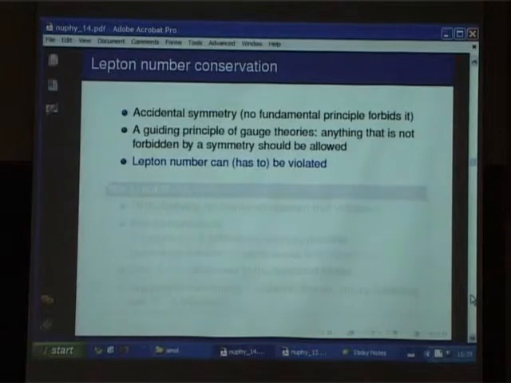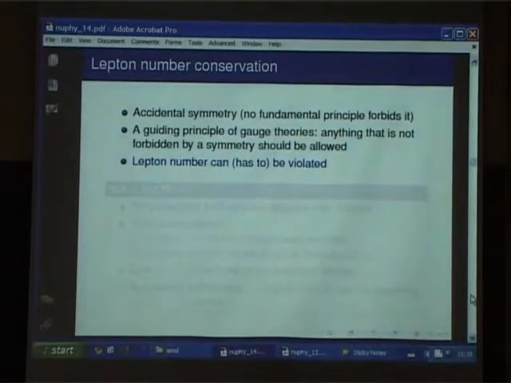So by this principle, if lepton number is not conserved by any gauge principle, then it should be violated. It's an artificial thing not to have lepton number violation. This is the so-called gauge philosophy.